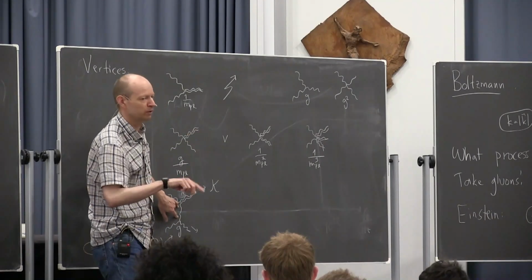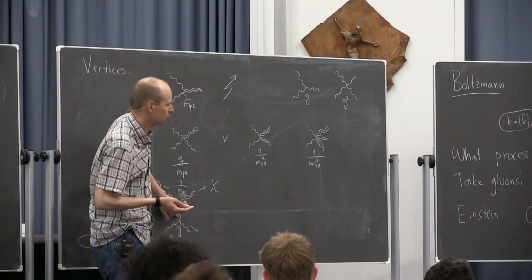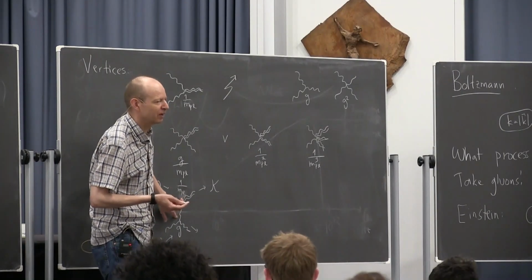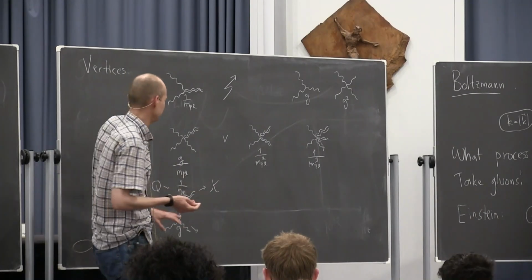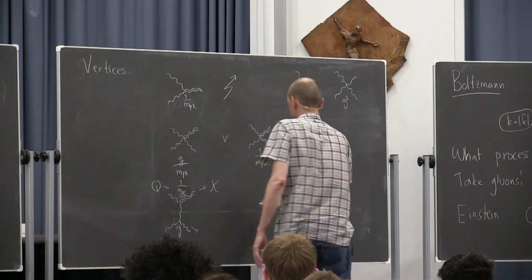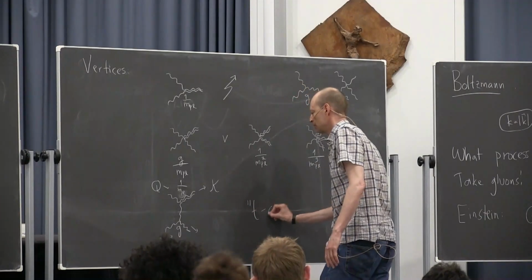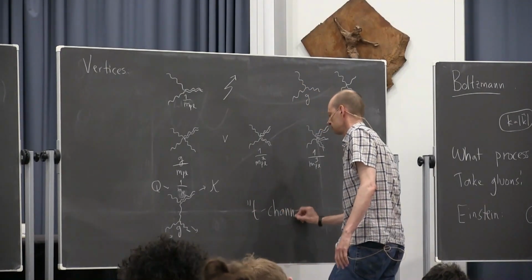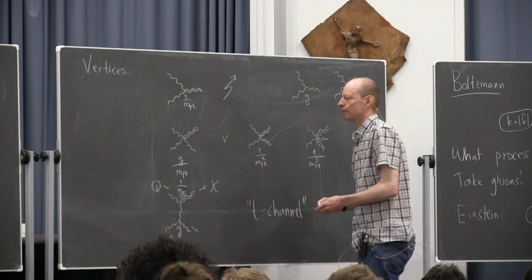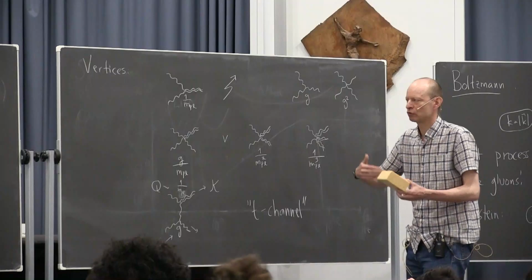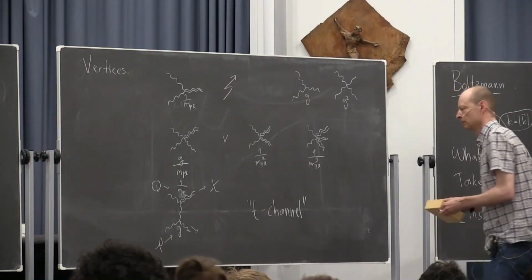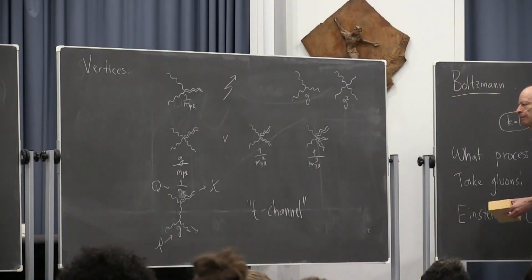Propagator is 1 over the momentum here squared. And so if there's very little energy here, then this propagator can be large, and it can enhance this process. And so this kind of T-channel scatterings are often very important because they can be enhanced by the exchange of some soft gauge fields.